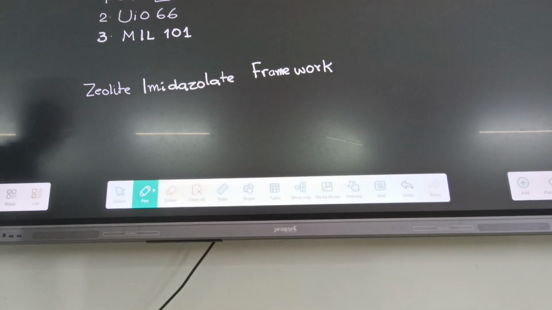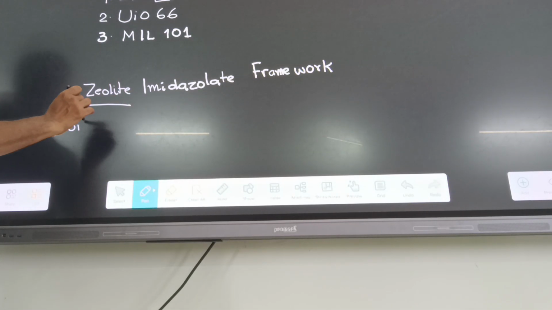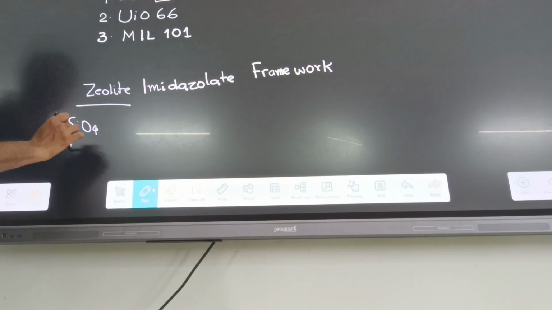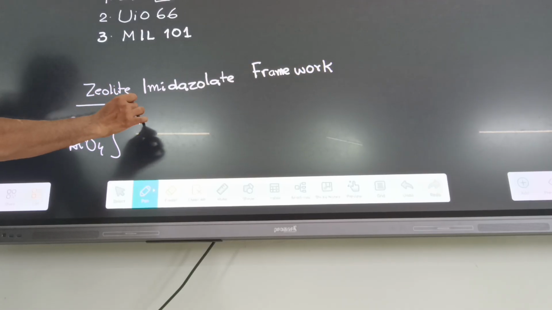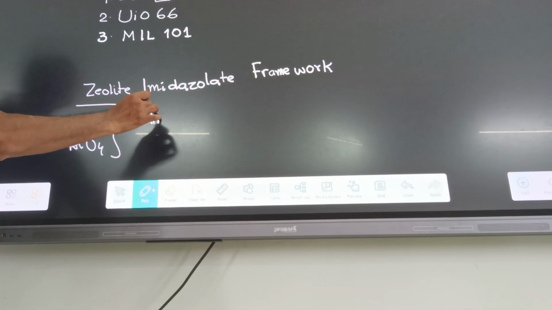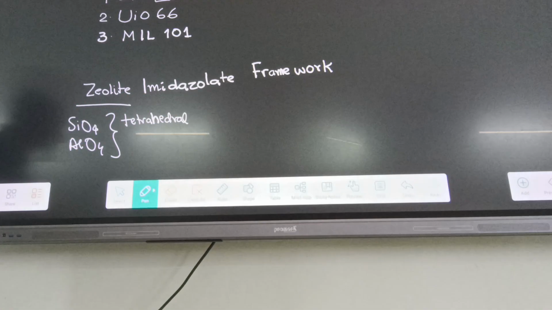That's why it's called 8. So zeolite मतलब SiO4 and AlO4 का टेट्राहेड्रल नेटवर्क, इसको बोलते हैं zeolite.